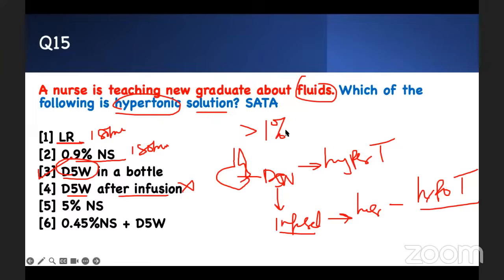Anything greater than 1%, like 5% normal saline, is hypertonic. 0.45% is half. But if you have D5W, it is what? Hypertonic.